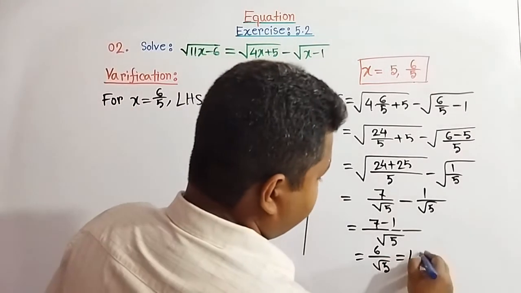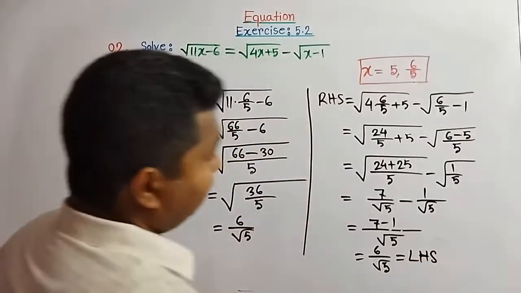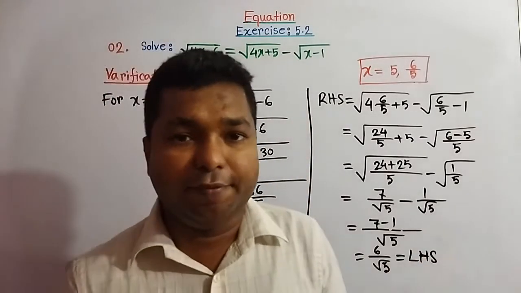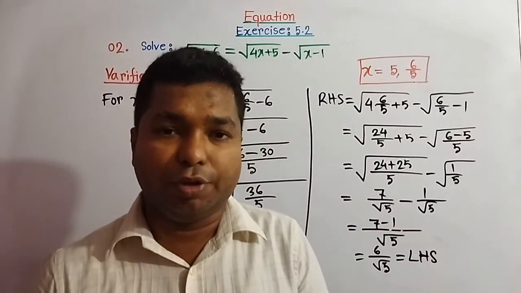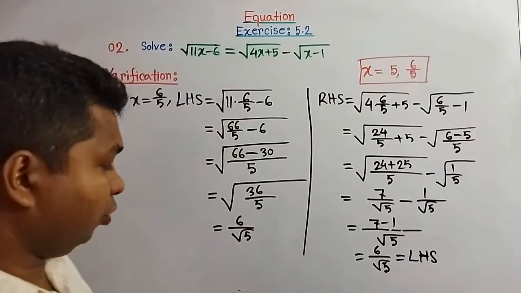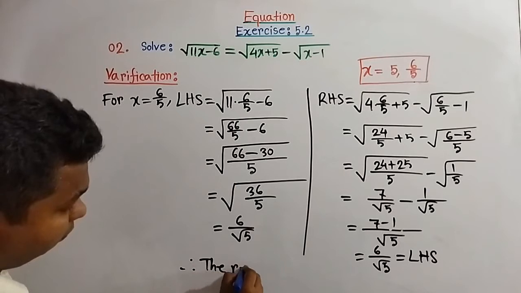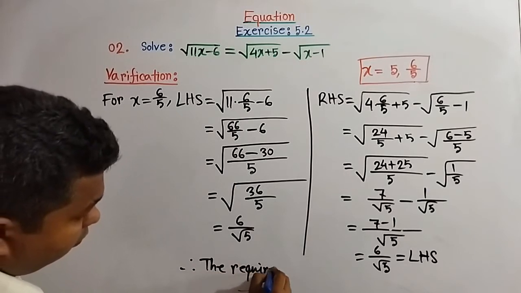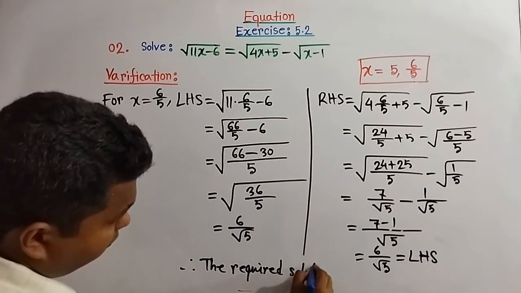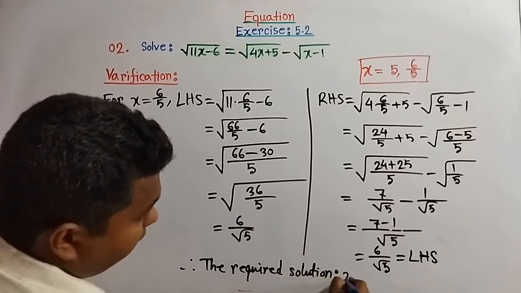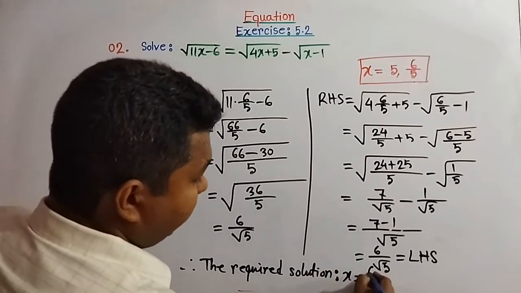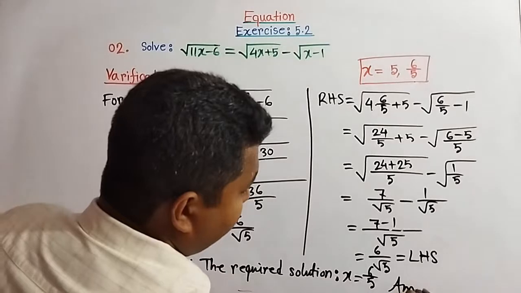So the root x equal to 6 by 5 satisfies the given equation. So our required solution is x equal to 6 by 5, and this is our required answer.